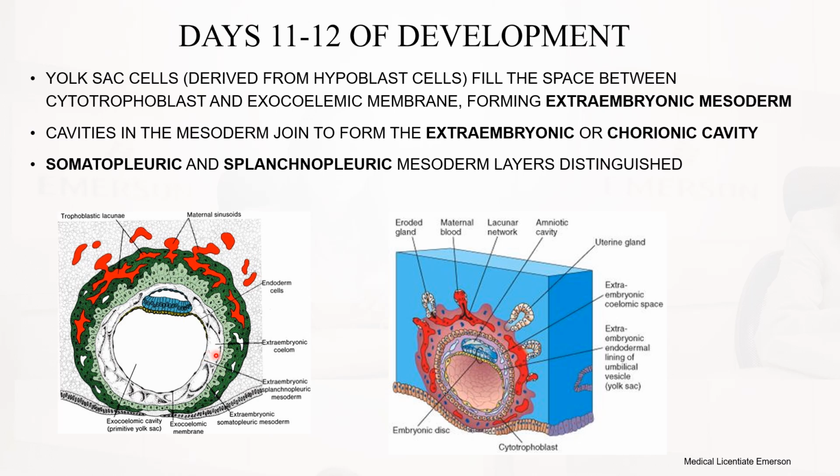Then below here, you have seen that the cells that were surrounding the trophoblast and the exocoelomic membrane had formed a mesoderm. Specifically, we called it the extraembryonic mesoderm. Then the extraembryonic mesoderm had cavities in it, and they are the ones which joined to form the extraembryonic or the chorionic cavity.